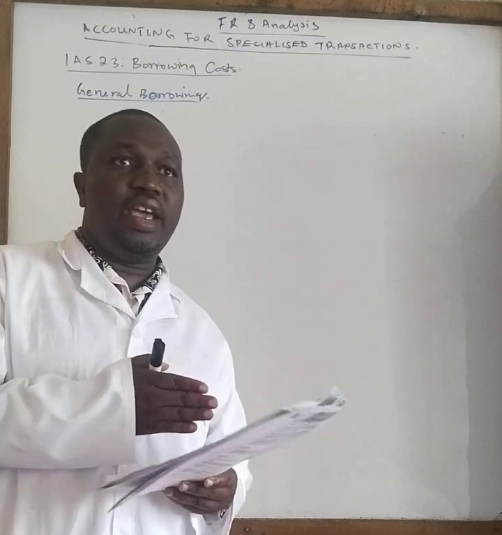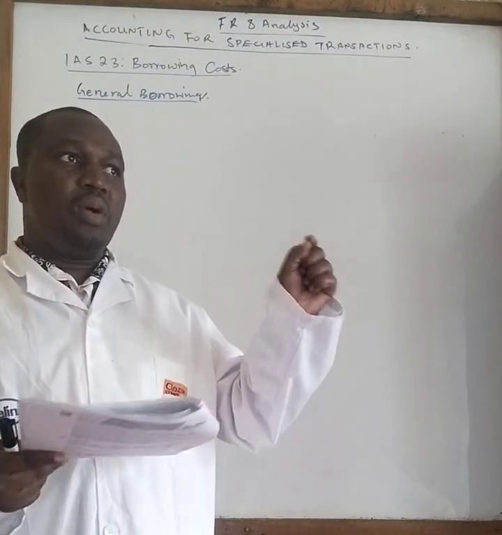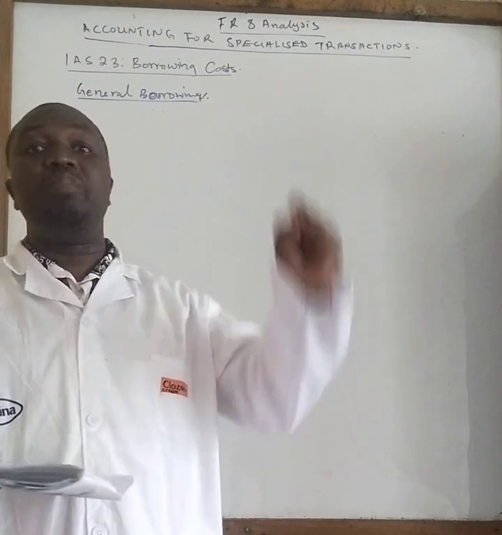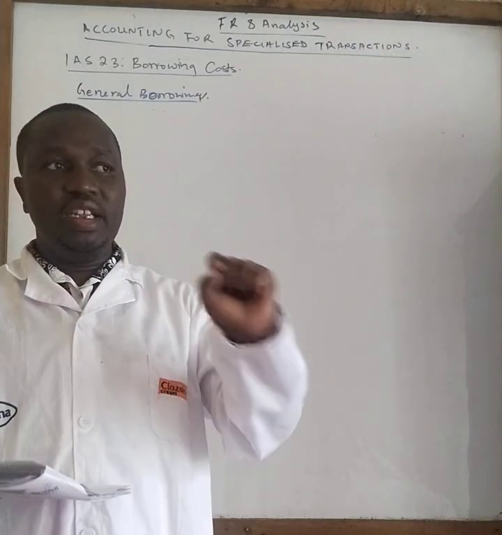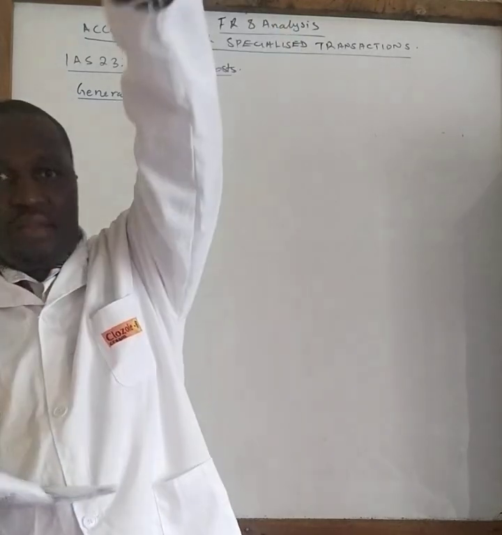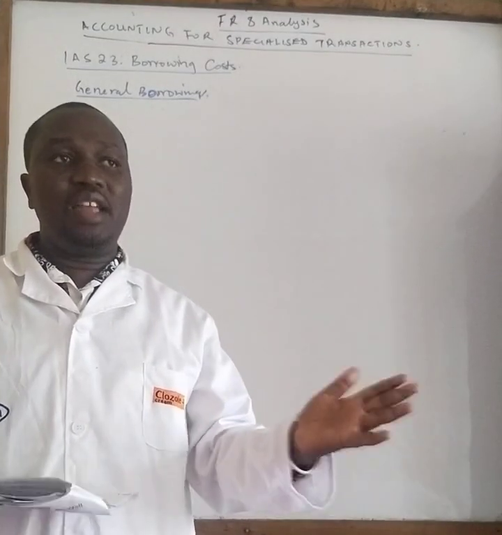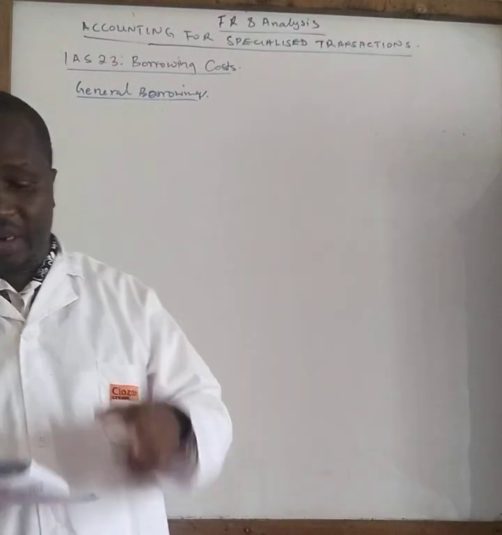In this case, we are saying the borrowed funds should be at the end of the period. So our interest rate should be of the end balance, the outstanding balance, not the outstanding balance at the beginning, but the outstanding balance at the end. Very important point.